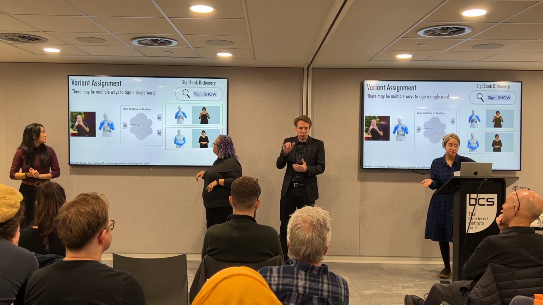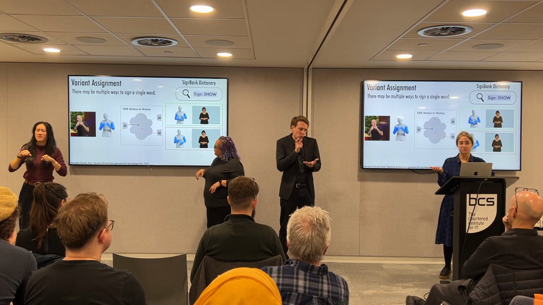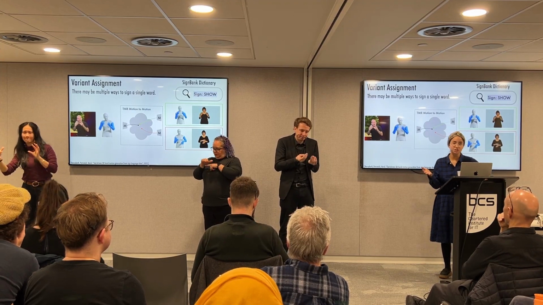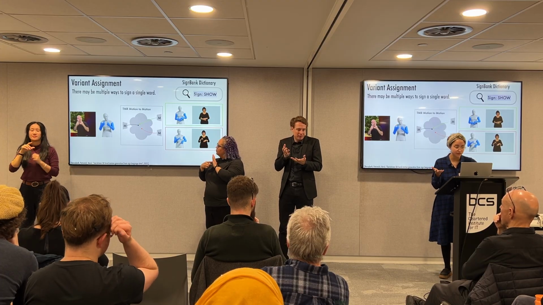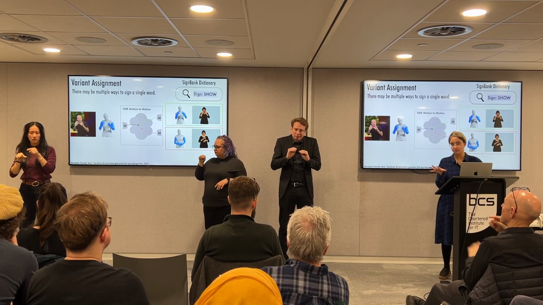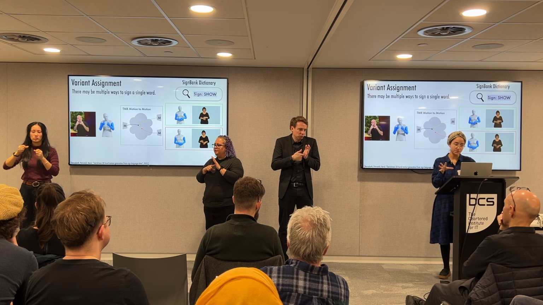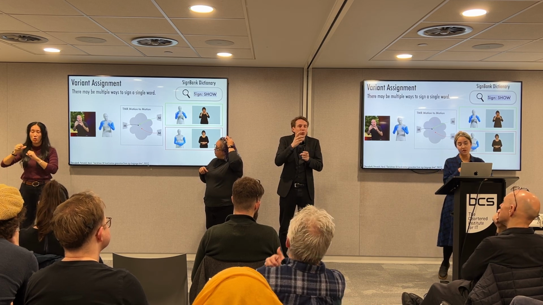So the way we do it is that we train a model called TMR, which is a VAE, a variational autoencoder model. It's like CLIP, but using 3D motions as input instead of images.